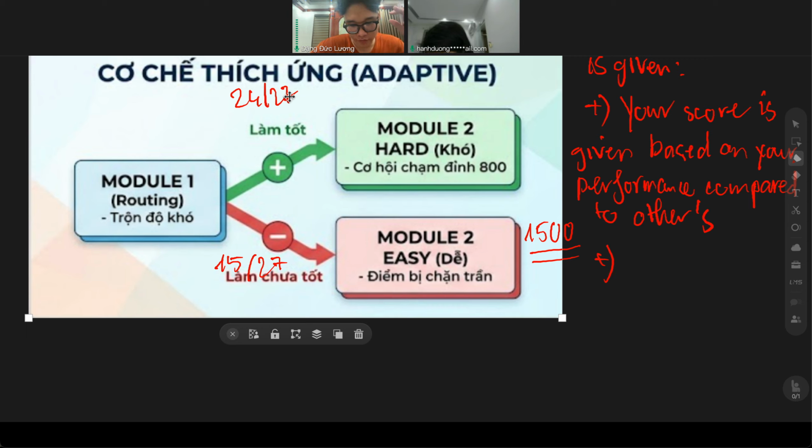I would take a very simple example here. If you're doing very well, you get many hard questions right, and the system is marking you at the 1550 level, and suddenly you get one easy question wrong, say a writing question, for example.